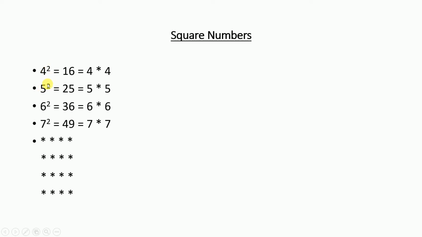And 5 raised to 2 is equivalent to 5 into 5, that is 25. So these are all square numbers. 16, 25, 36 and 49 are square numbers. So they can be represented as a square of dots or stars. Here I am representing number 16 with 4 rows and 4 columns.